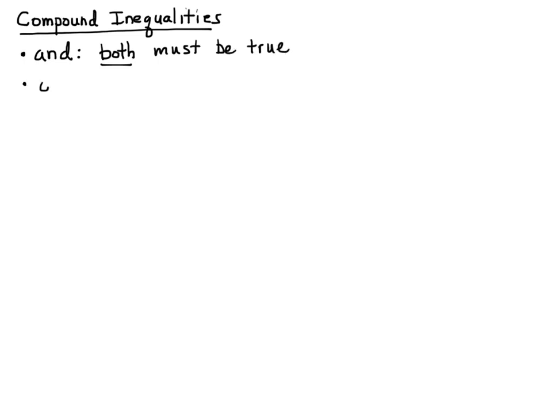Okay, so we have this concept of and, or. All right, so if I said everybody with sandals or a sweatshirt stand up, if you happen to be wearing sandals and a sweatshirt, you would stand up, right?